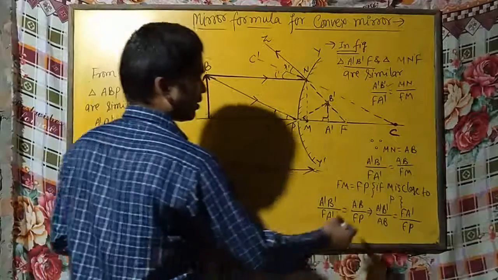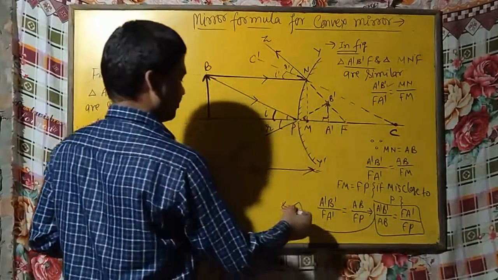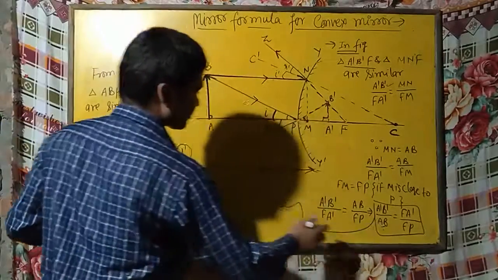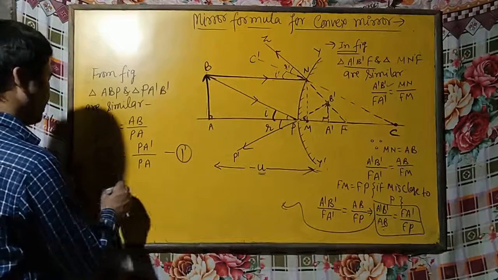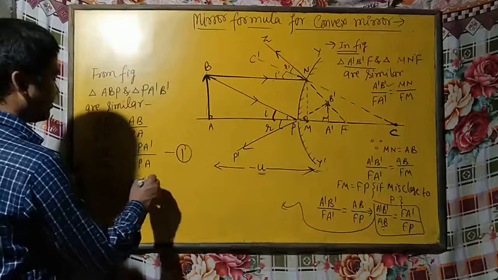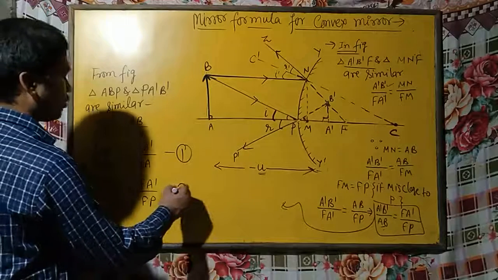Okay, so let me write this equation clearly here. We can write this equation like this: A'B' upon AB is equal to FA' upon FP. Equation number 2.